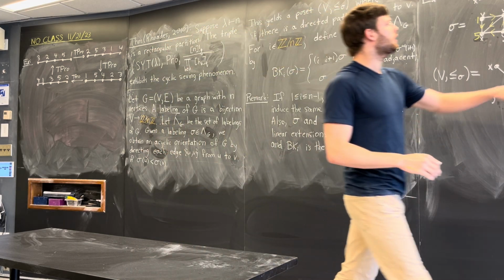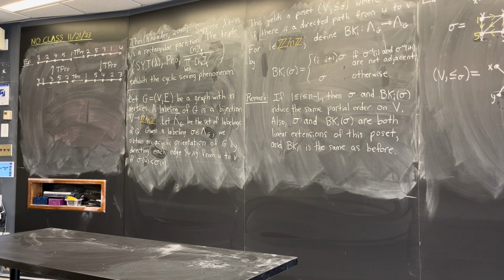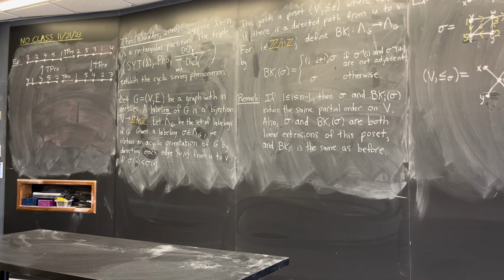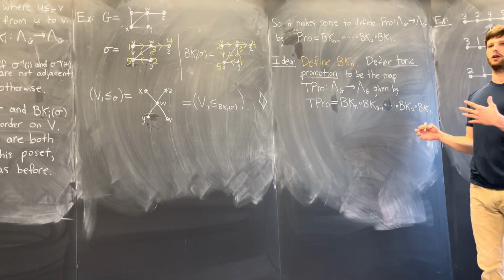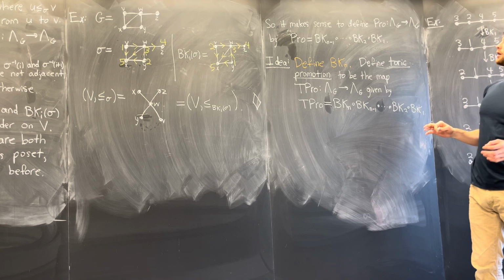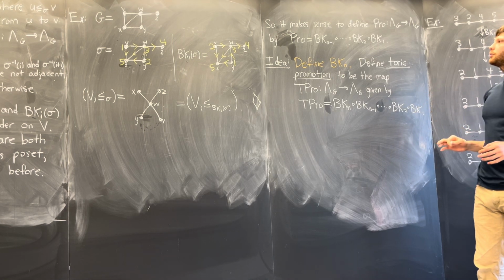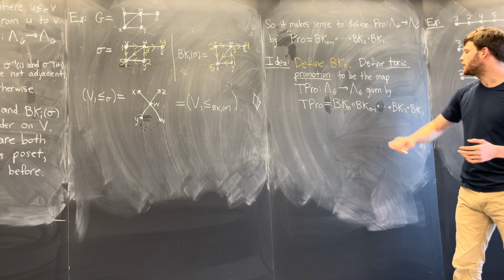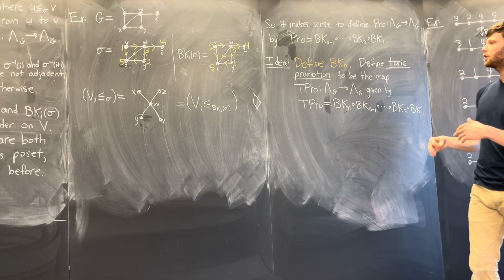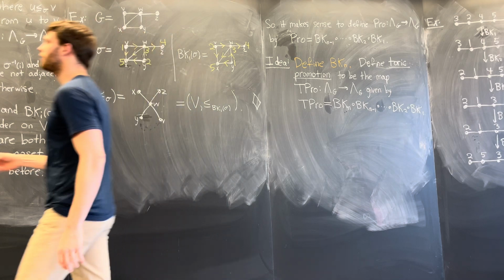But actually, even in this setting, if you took G to be a path graph and you looked at promotion, even there, the dynamical behavior is kind of wild. Like it's kind of weird and unpredictable. Well, maybe not completely unpredictable, but it looks like it's kind of a mess. But it turns out that when you add in the B_k's in here, so you make it toric promotion, it actually has very nice behavior.